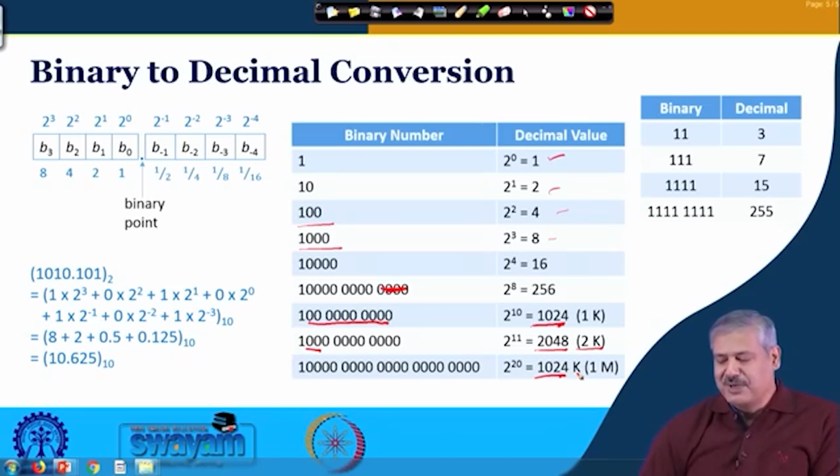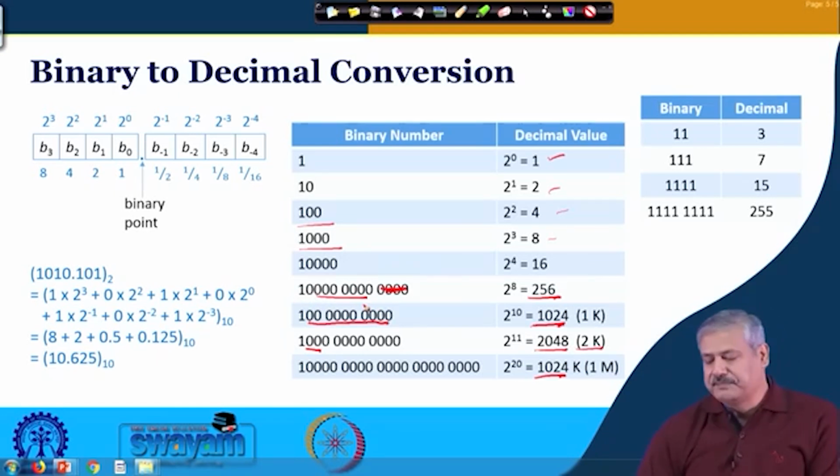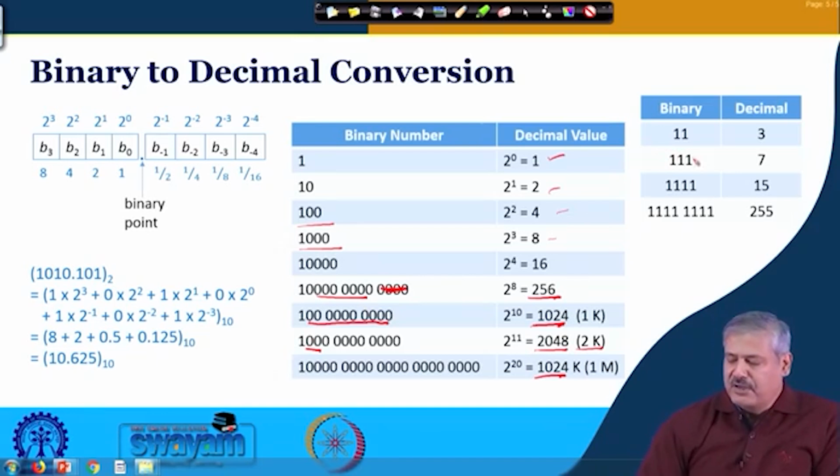That is what we take note of. Also, when we talk about 256, after 1 there are 8 zeros, since it is 2 to the power 8. Another thing we often come across: 1 1 is 3, three ones are 7, four ones are 15, and 8 ones is 255.